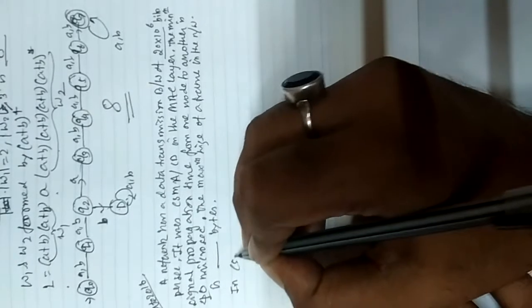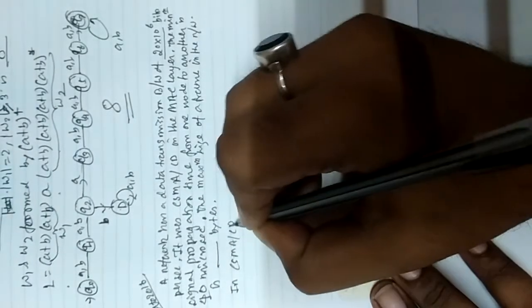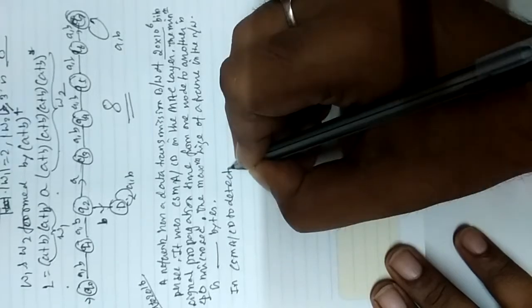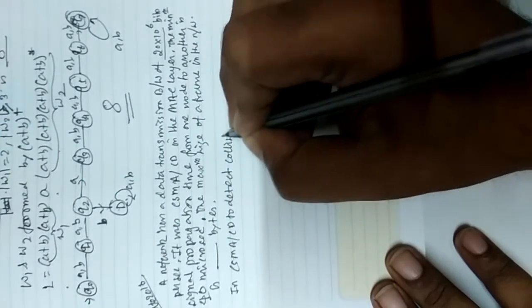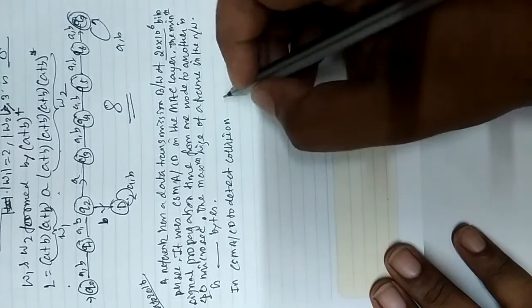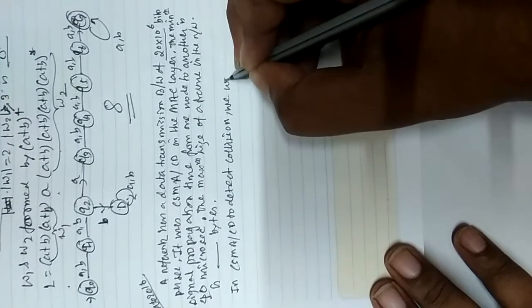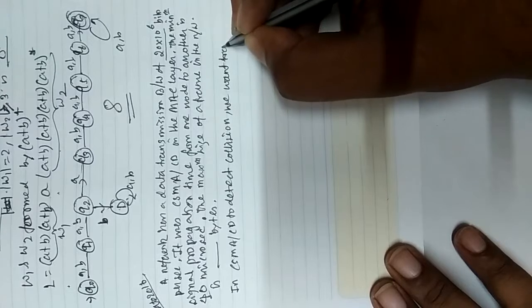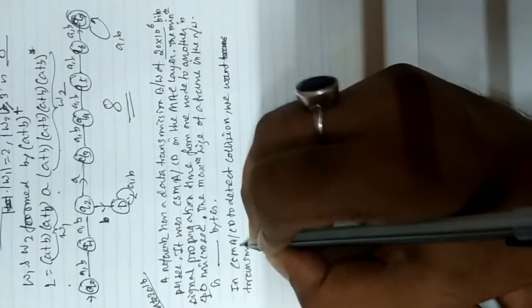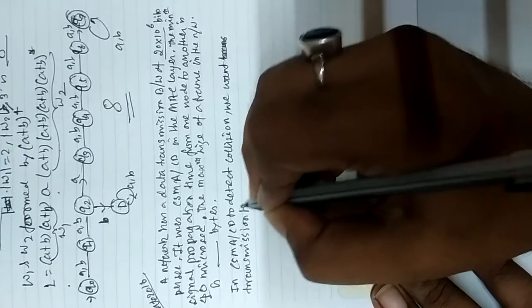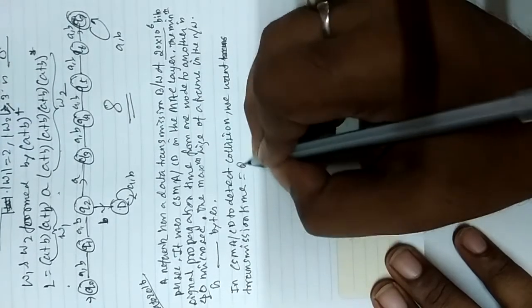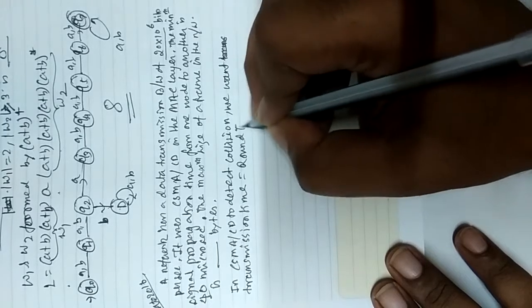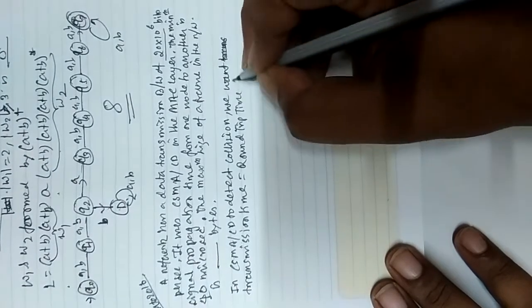Now to solve this problem, we have to remember that in CSMA/CD, to detect collision, we want the transmission time to be equal to the round trip time, or RTT.